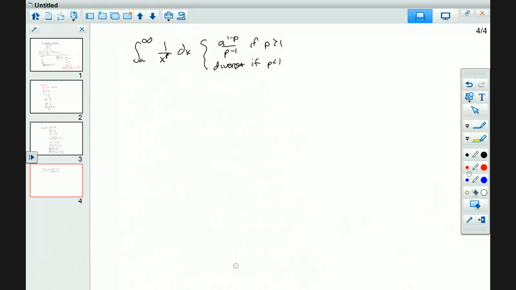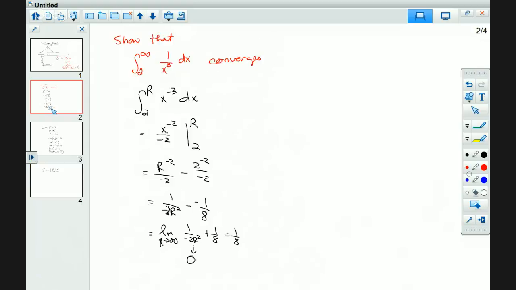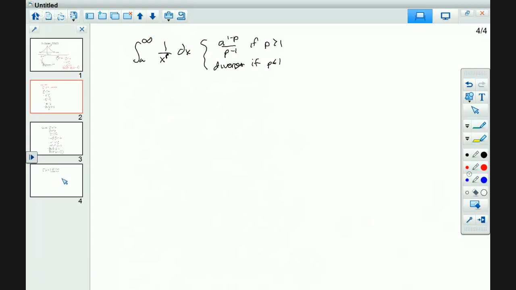What is it for that? Okay, so we did this one, right? What was p? 3, right? So if p is 3, we know it converges to whatever this a value is.